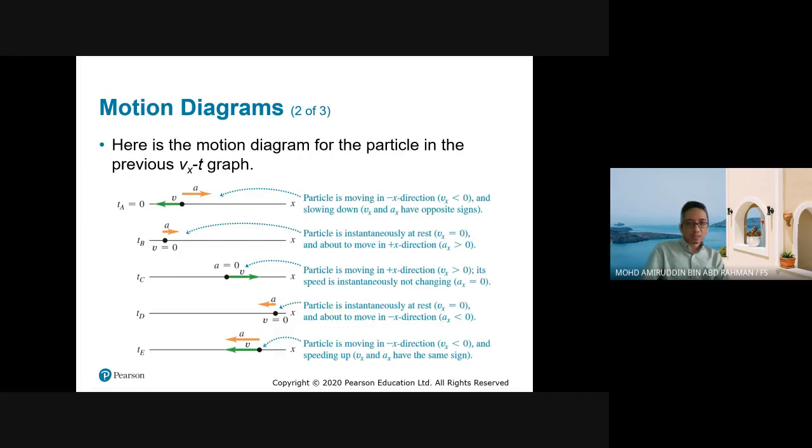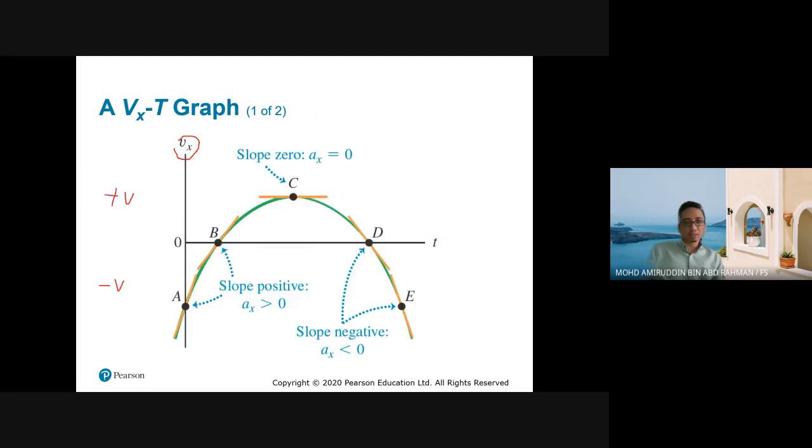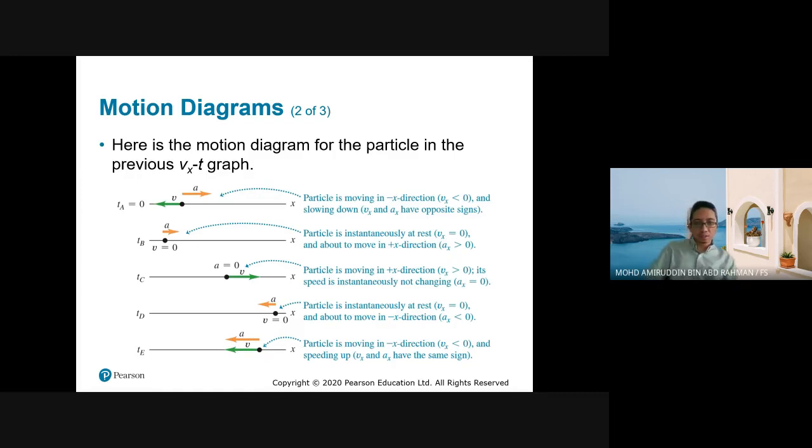And then after that, the velocity goes negative. When it's not changing, of course, the object is at rest, and now it is going to change direction, going in the negative direction, from point C to D and then D to E.